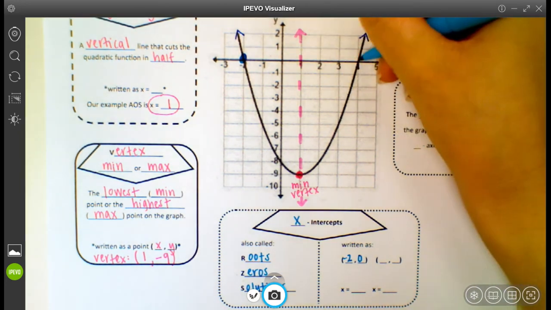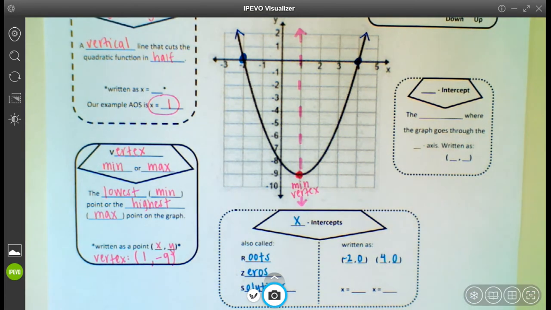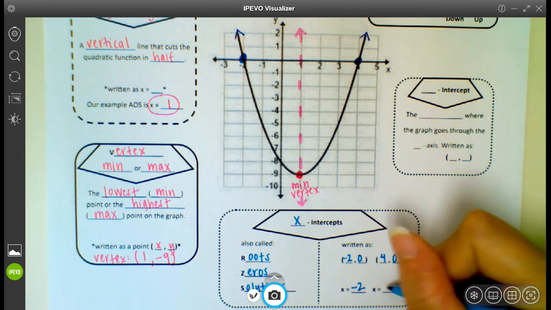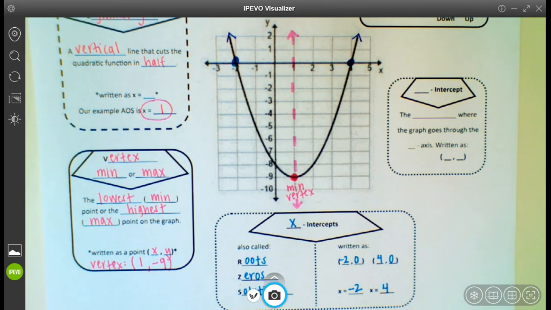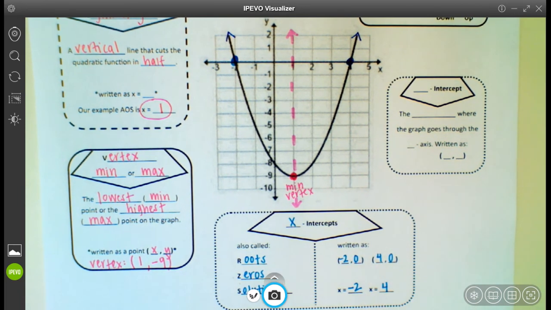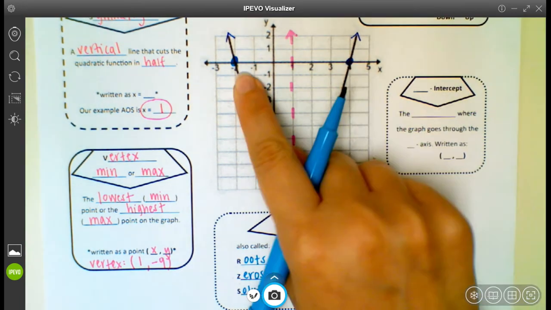And I'm also over here at +4, 0. Or we could write those solutions as x equals -2 and x equals +4. They mean the same thing. So our x-intercepts, roots, zeros, or solutions mean all the same thing. It means where does my U shape hit my x-axis?